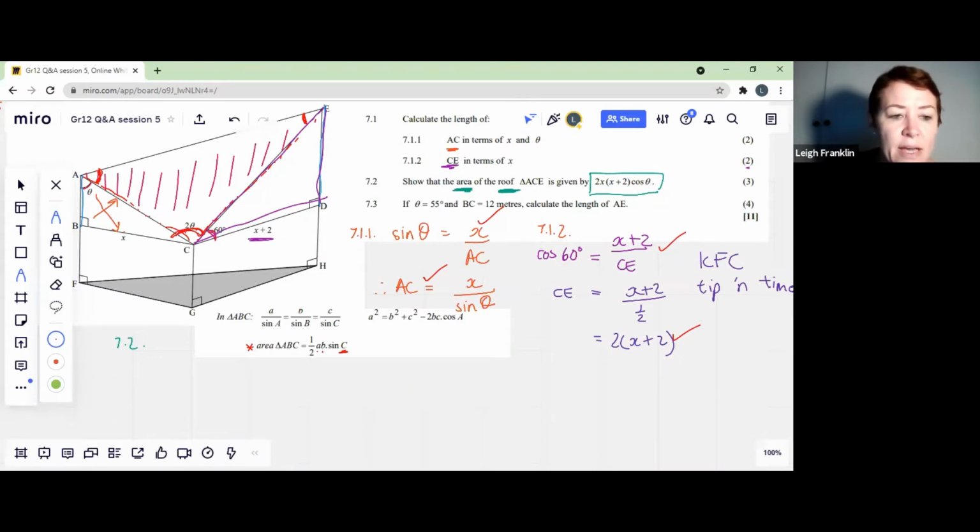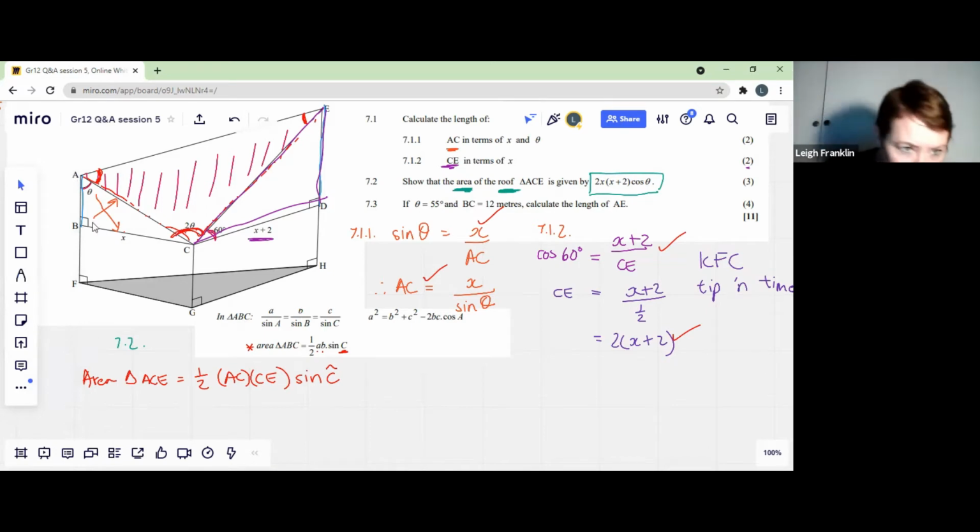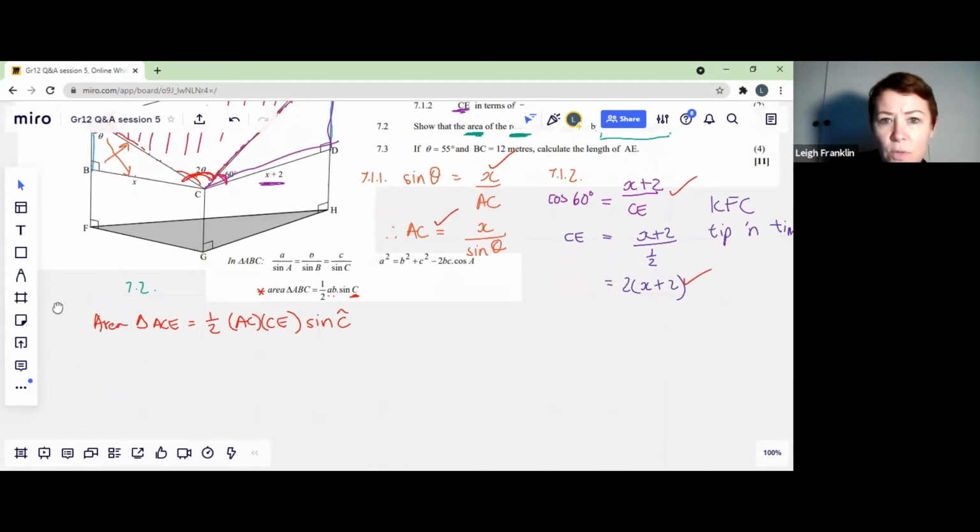So in this case here, we would say the area of triangle ACE is going to be equal to half times AC times CE times sine of angle C. Now I want to substitute. So I'm going to use my answers from 7.1.1 and 7.1.2 to help me.